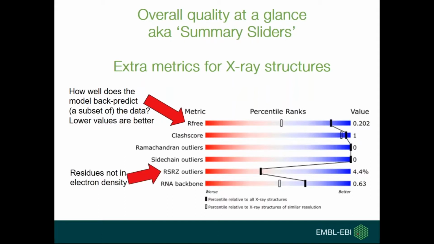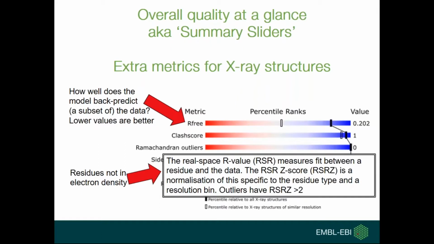And the RSRZ outliers are residues which are not in electron density. So these are atoms or amino acids in the structure which do not fit into the data from which the model has been built. RSRZ is a Z-score of RSR.